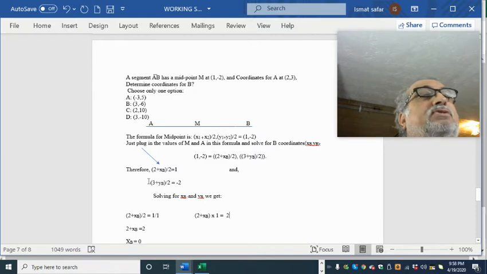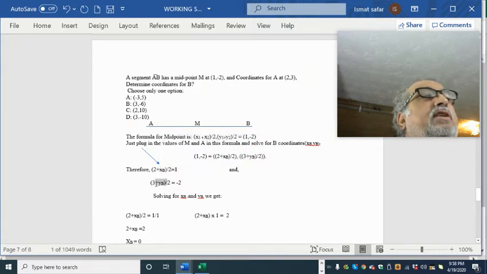So what we have left is to solve these equations. But it's extremely important to understand where everything goes. We have to put each value in the right place. So what we have left is 2 plus x of B over 2 equals 1, and 3 plus y of B over 2 equals -2, and I just explained why. Then we have to solve for how much x of B and y of B are.